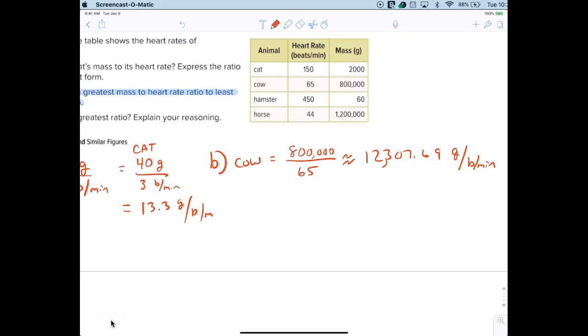All right, now I need the hamster. I want someone to write the ratio for the hamster for me. Come on. Miss Goss, you got it. What's a hamster? 60 over 450. Tell me what that is.